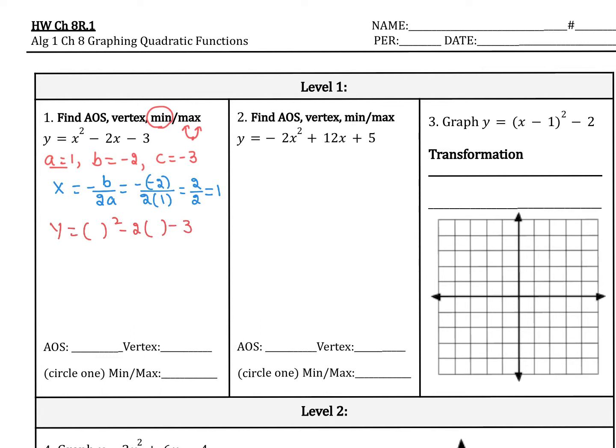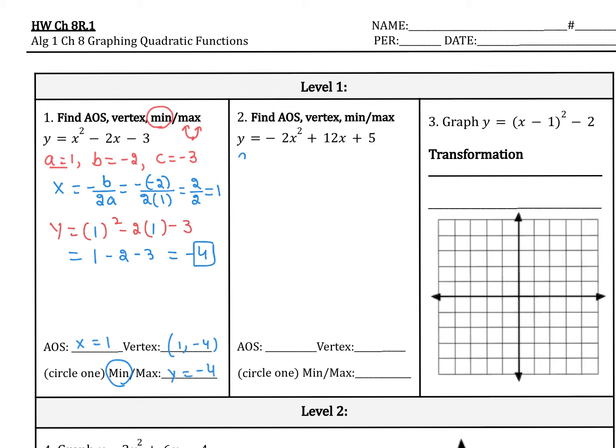That would be easier. And you're going to get here is 1 minus 2 minus 3, and that's going to be -4. So vertex is 1 comma -4, and axis of symmetry is x equals 1, and that's going to be minimum, and minimum value is going to be y value, that's -4.